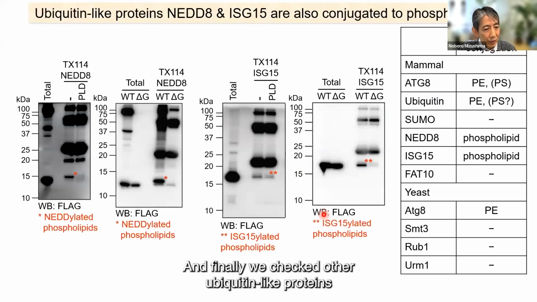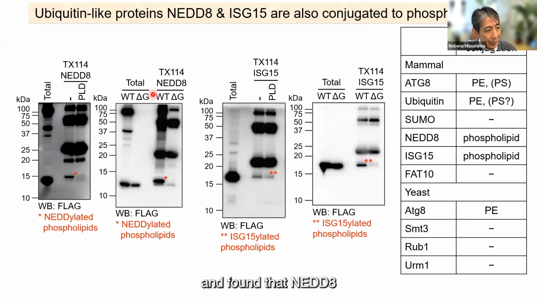And finally, we checked other ubiquitin-like proteins and found that NEDD8 and ISG15 have hydrophobic species that were sensitive to PLD. And the formation of this band depends on their C-terminal glycine.